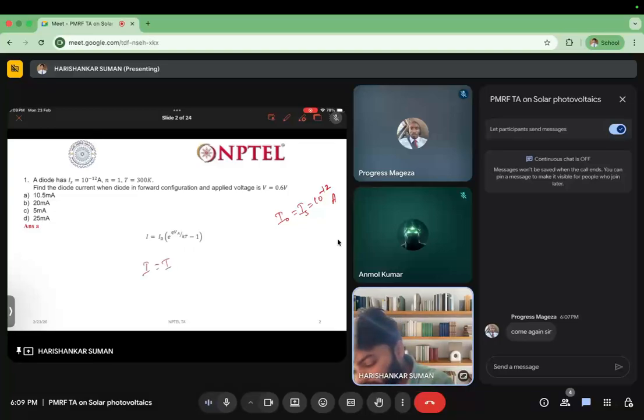Let me write it better. I equals I naught times exponential of qVA upon nkT minus 1. n is 1, so we have put n equal to 1, and kT value is 26 milli electron volt.